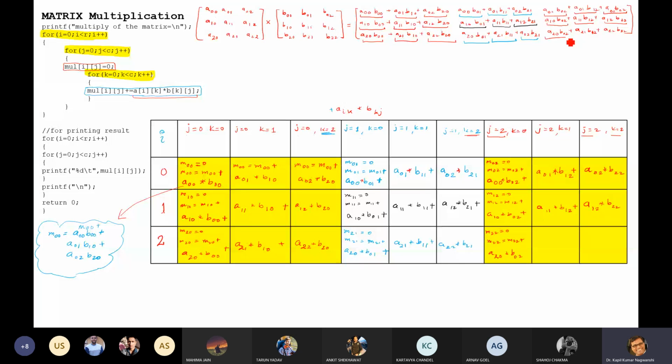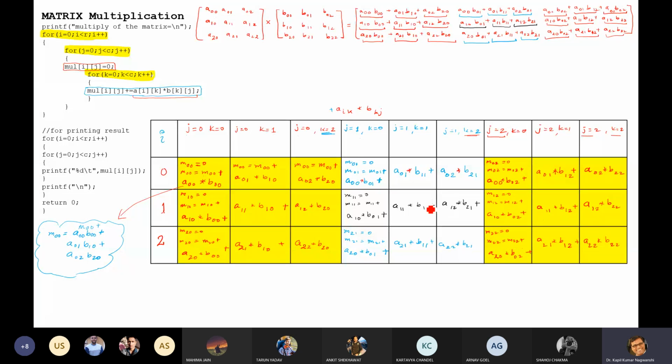Then added with a, I is 2, k is 1, multiplied by b, k is 1, j is 2. Okay, so this is also completed. Now added with a, I is 2, k is 2, multiplied by b, k is 2, j is 2. So this is our complete matrix.